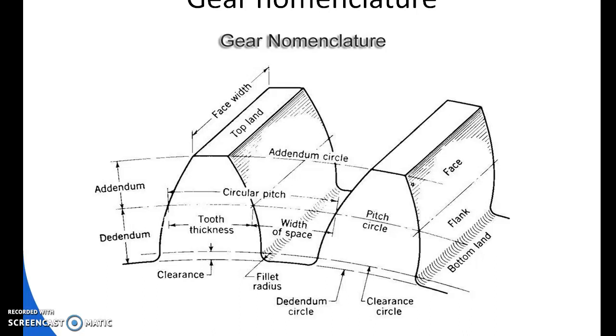Then pitch diameter. It is the diameter of the pitch circle. It is denoted by dp. Then diametral pitch. The number of teeth on a wheel per unit of its pitch diameter is called diametral pitch. So Pd equals T by D and Pc into Pd equals pi.